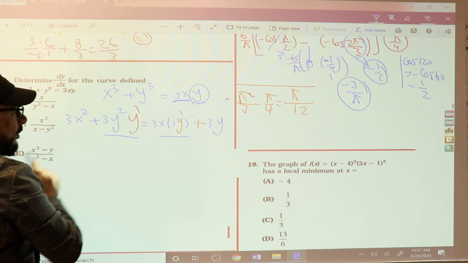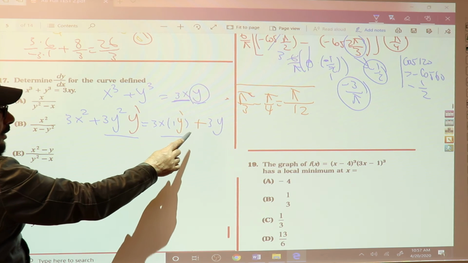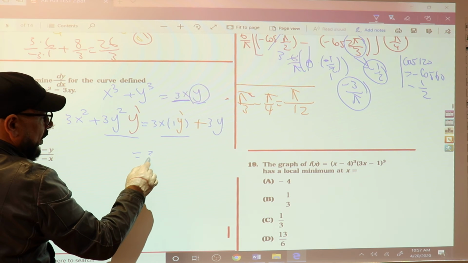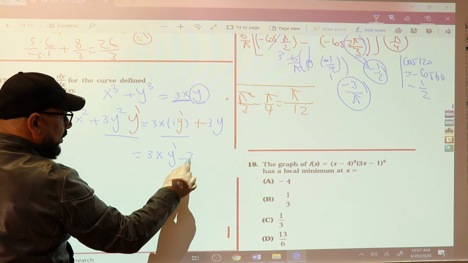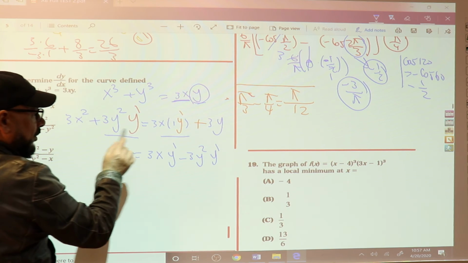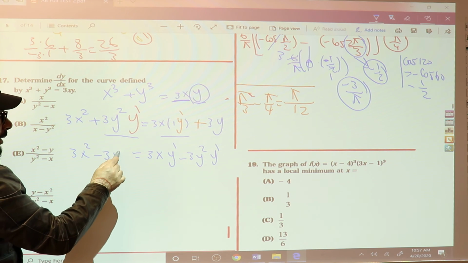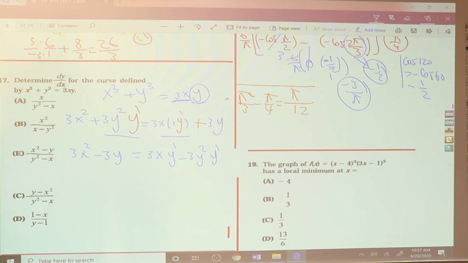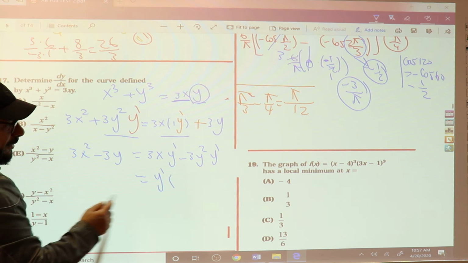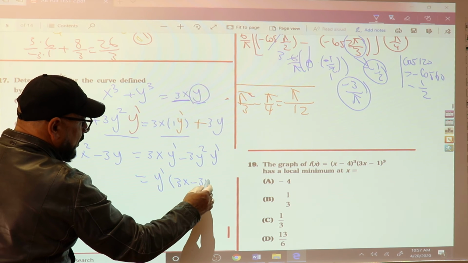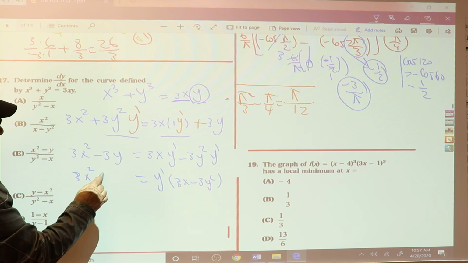Now this term and this term, they have y prime. What we're going to do now, we're going to move any guy that has y prime to one side and leave them alone. Y prime, this guy here, minus 3y squared, y prime from this side, and here we have 3x squared minus 3y. When we move any term from one side to the other side, you change the sign. Take y prime as a greatest common factor: y prime times 3x minus 3y squared equals 3x squared minus 3y.